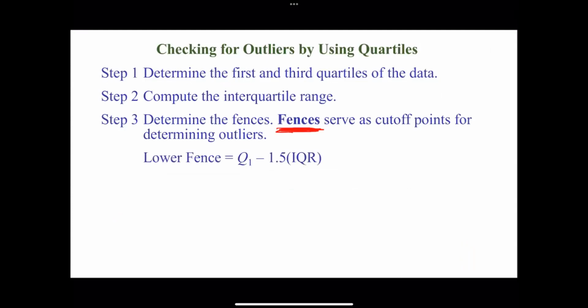For our lower fence, you take Q1 and subtract 1.5 times the IQR. The upper fence is quartile 3 plus 1.5 times the IQR. So you add 1.5 times whatever that interquartile range is to quartile 3. Any value higher than the upper fence or lower than the lower fence is going to be an outlier.